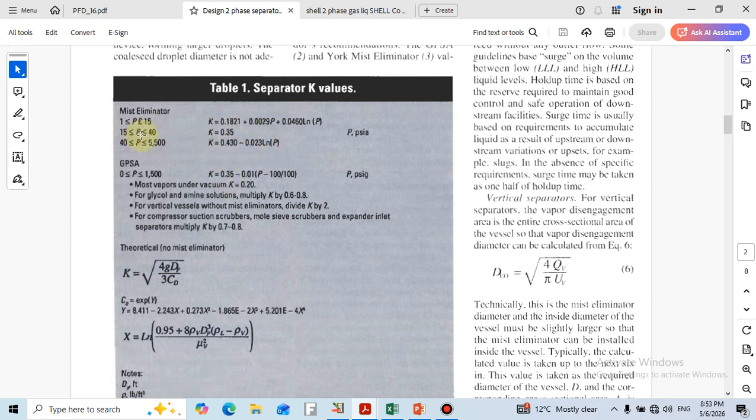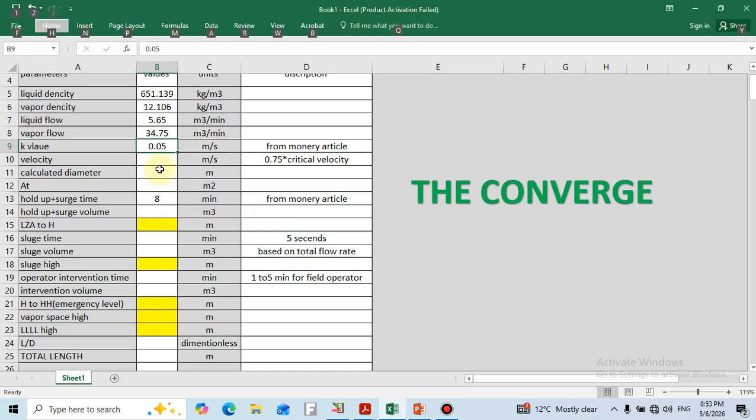For different pressure ranges, you can find the formula or correlation just right here and find the exact value of K for each different range that you are going to work with. So let's take this value as an initial guess.